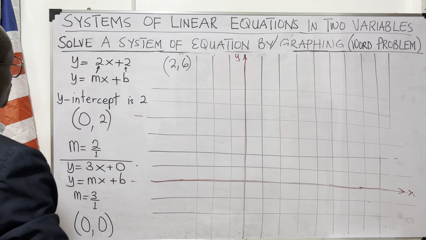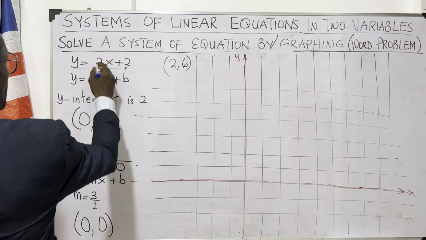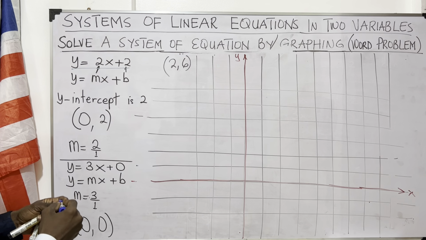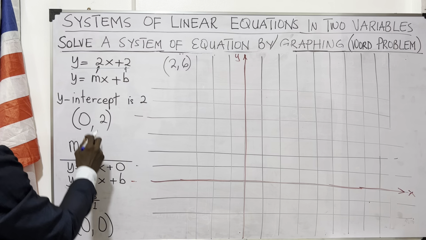The first equation was y equals 2x plus 2. So when x is 0, y is 2.